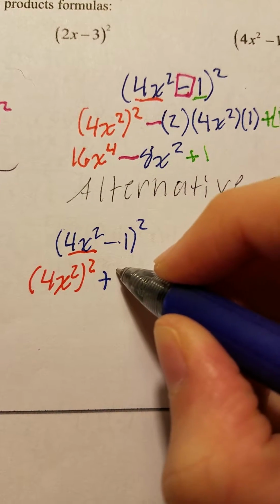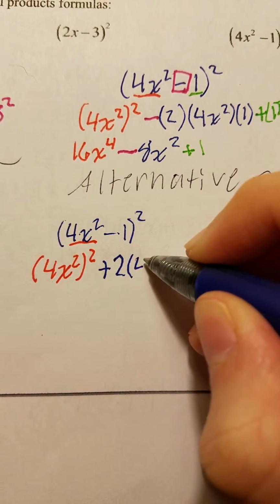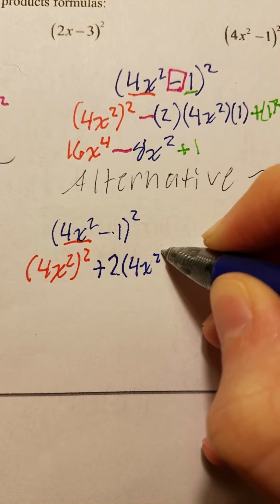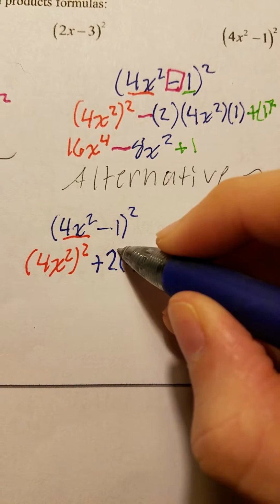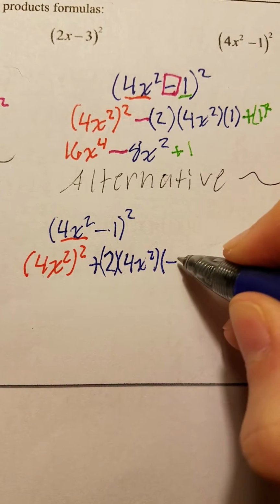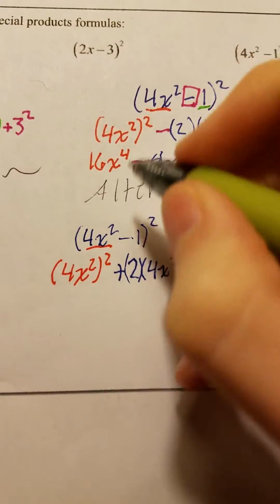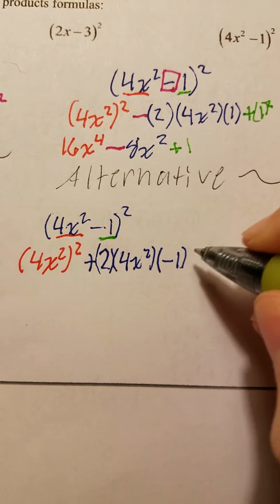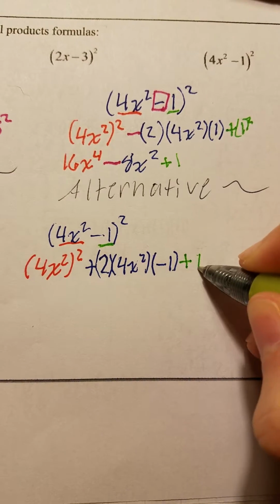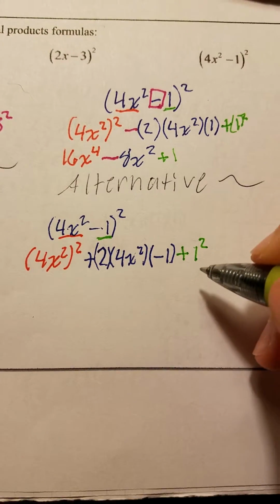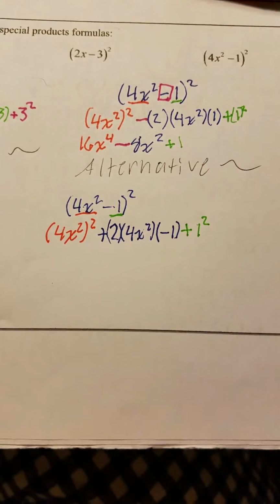When I say multiply everything by 2, I mean you're multiplying the 4x squared and the negative 1. And then you do your last term here, plus 1 squared. If you want to, you can say plus negative 1 squared, because when you square a negative, you just get the positive in the end, because a negative times a negative is a positive.